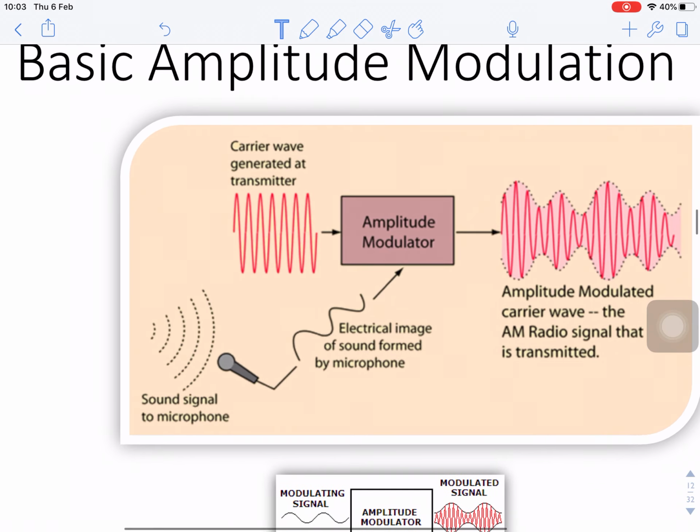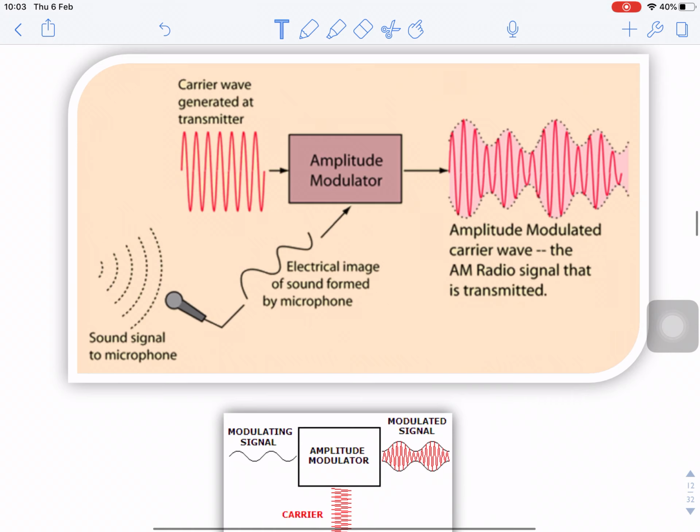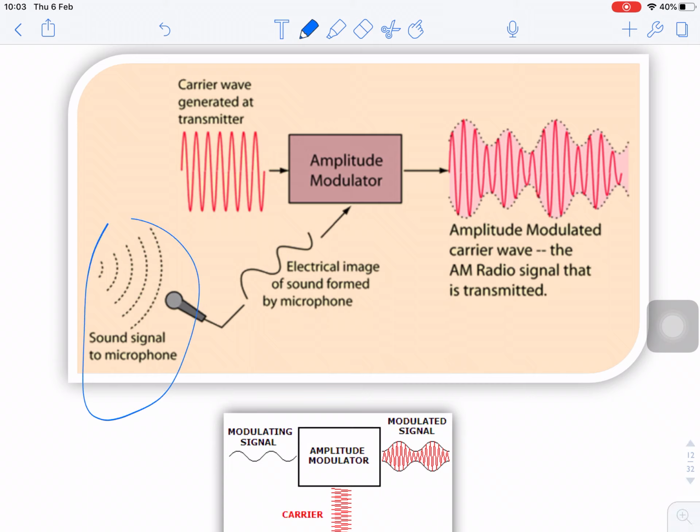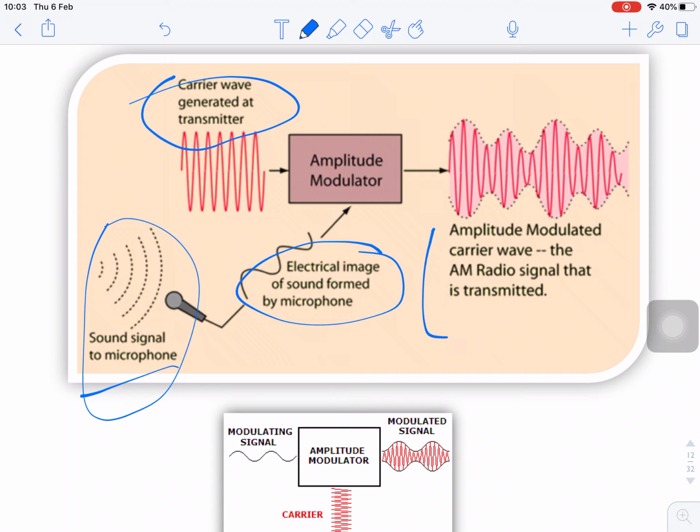So for amplitude modulation, we have the information signal, which is the sound signal to the microphone, and then we give it a carrier from the transmitter, and the modulated carrier form is the AM radio signal as transmitted.